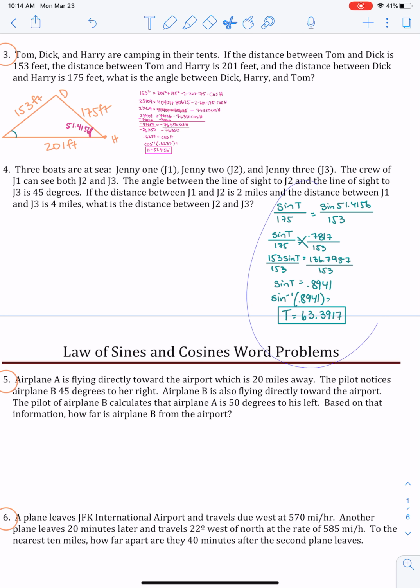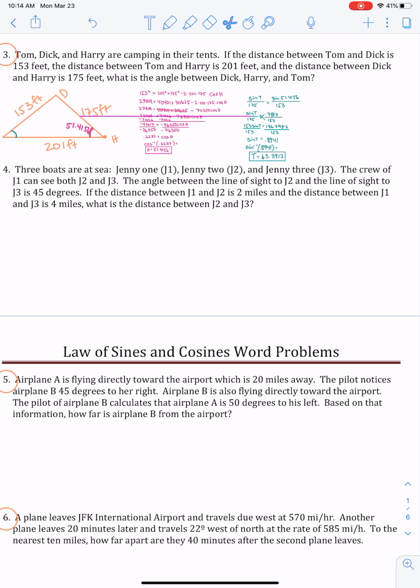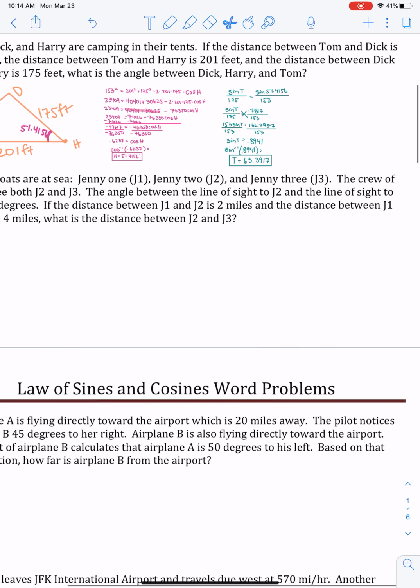I'm going to shrink that down. Of course, I still need to find the last angle. So I'm just going to do it the easy way. I'm going to do 180 minus Harry's angle minus Tom's angle. So 180 minus 51.4156 minus 63.3917.